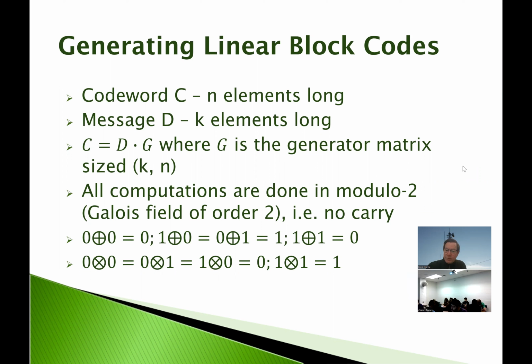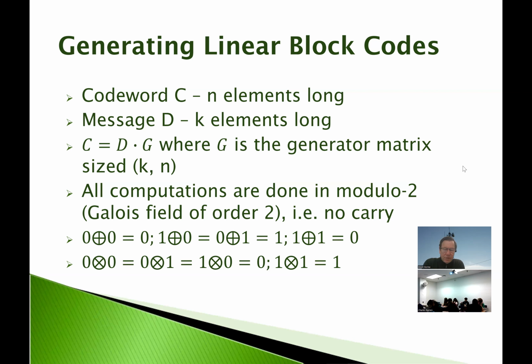Note that all computations here are done in modulo 2 because they're all bitwise. It doesn't make sense to carry from one message bit to another or one code word bit to another. Each bit is an individual bit of information, and we're trying to encode these things on a bitwise basis. So we use modulo 2.